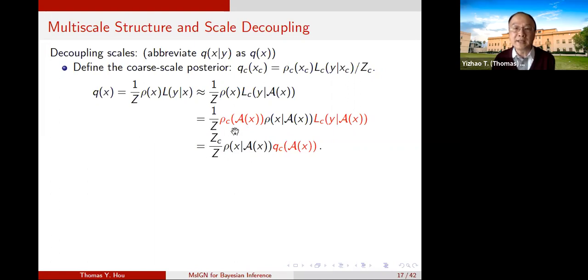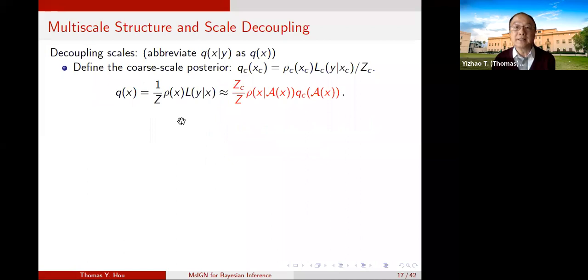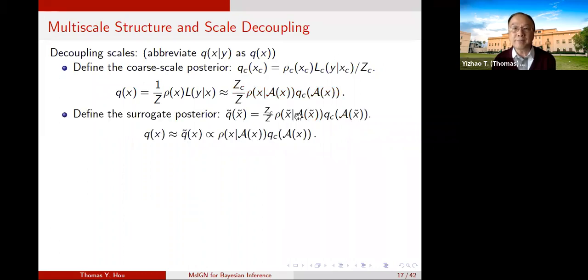And there's a scaling constant here, right? So this is our surrogate to some extent that gives you a good approximation from the coarse grid to the fine grid. That is a very important step that we call the pi conditional step.